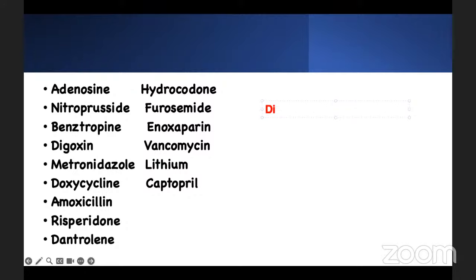Digoxin. This is Pharm. How much Pharm do you know? Few things you want to say. That's all. I don't want to say so many. Digoxin. What do you think? Right? You know it. This drug, you got to like it. When you wake up in the morning, you should be able to say something about it. It can be used in heart failure, right? It can slow down the heart.